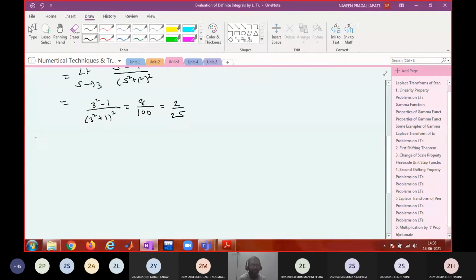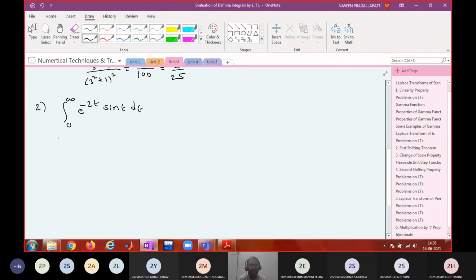So in that way you can evaluate the integrals very easily. Similarly, if you're asked to find integral 0 to infinity e power minus 2t sin t dt, you have the formula for e power ax into sin bx dx. The alternate way is seeing it as limit s tending to 2, integral 0 to infinity e power minus st sin t dt.